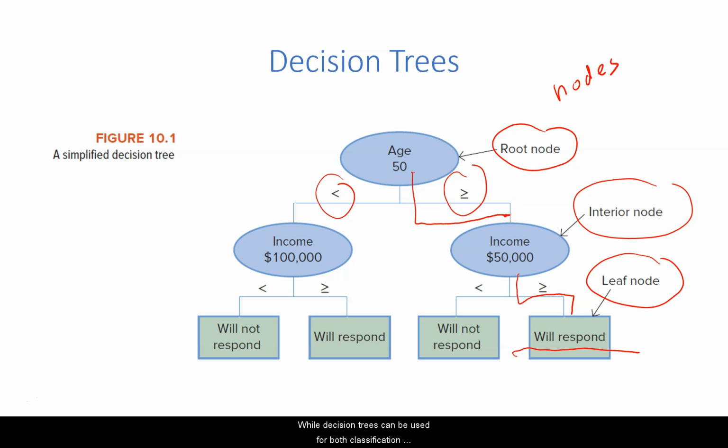While decision trees can be used for both classification and prediction, it is most widely used for classification problems. In this lecture, we will first discuss classification trees for classification applications, and then regression trees for prediction, and finally, we will discuss a contemporary extension of the decision trees technique called ensemble tree models.